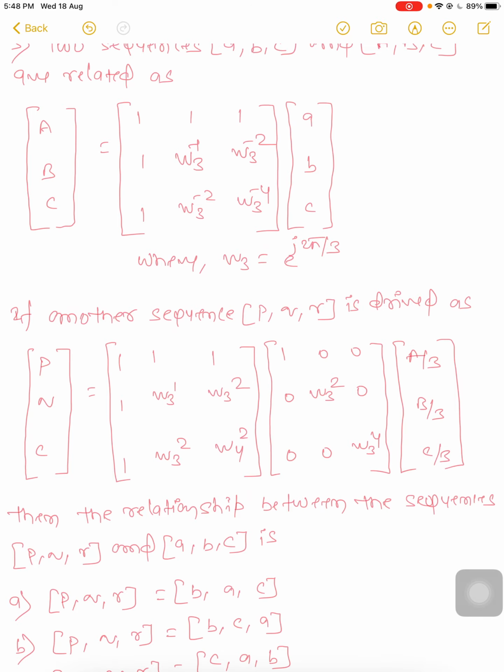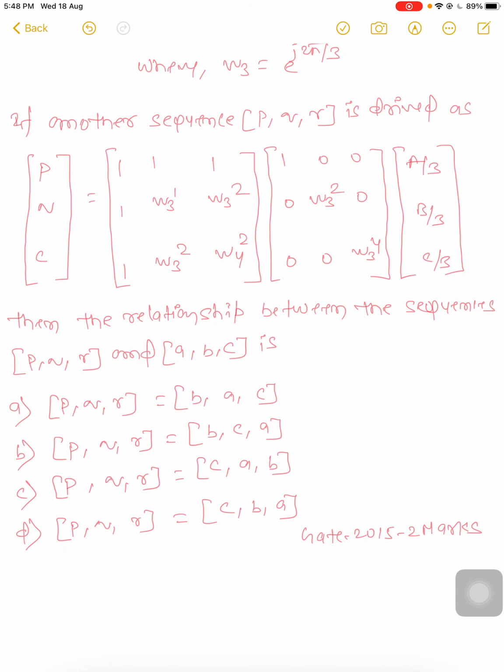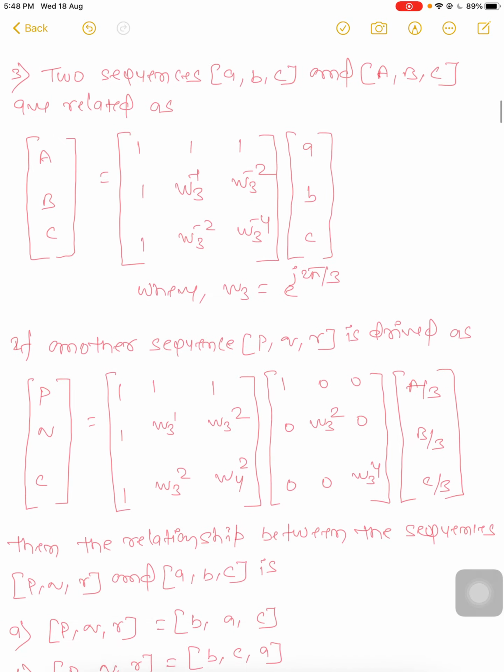When you take the minus 1, the power is minus 1, minus 2, and so on. If another sequence PQR is derived as given, we have to find out the relationship between ABC and PQR.